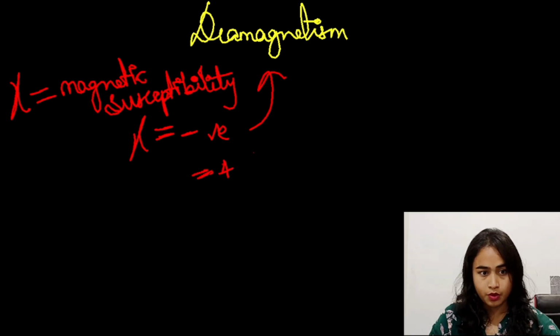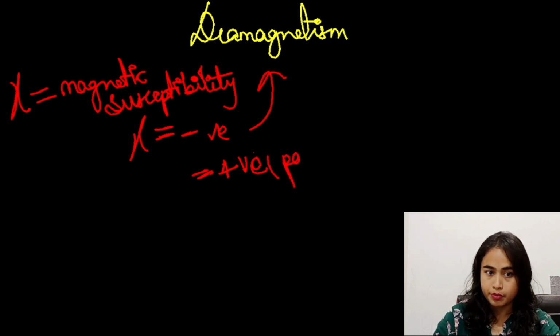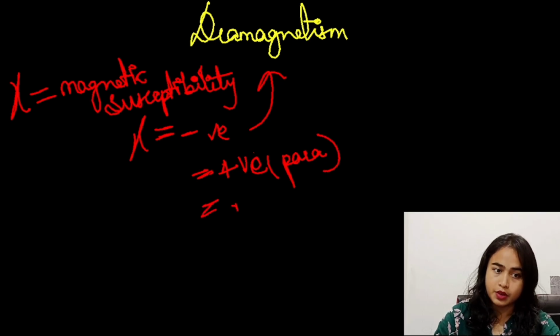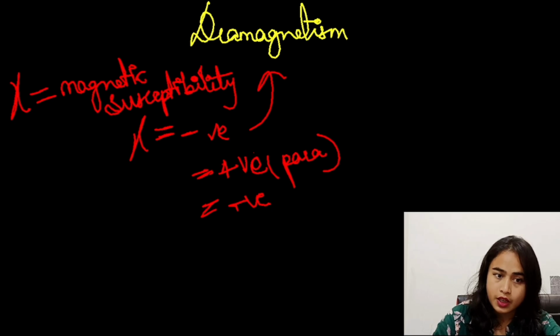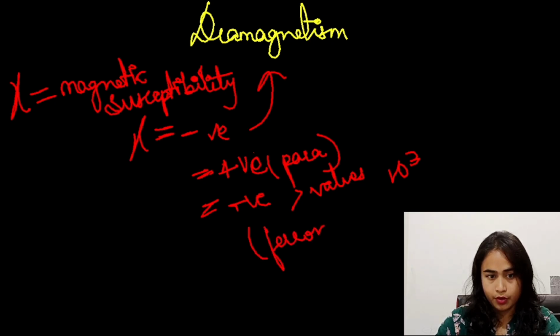If it is positive in nature, we call it paramagnetic, and if it is positive and has even greater values, maybe like 10 to the power 3, this will give you ferromagnetic substances.